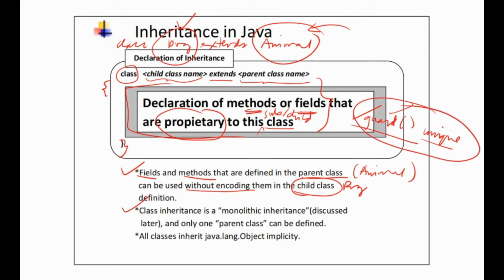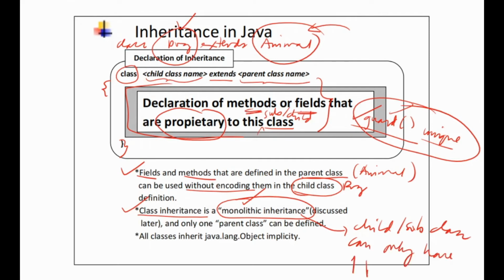Second, class inheritance is a monolithic inheritance. When we say monolithic inheritance, it means that a child class or a subclass can only have one parent class. Cannot be more than one. So a child or subclass will always have only one parent class.